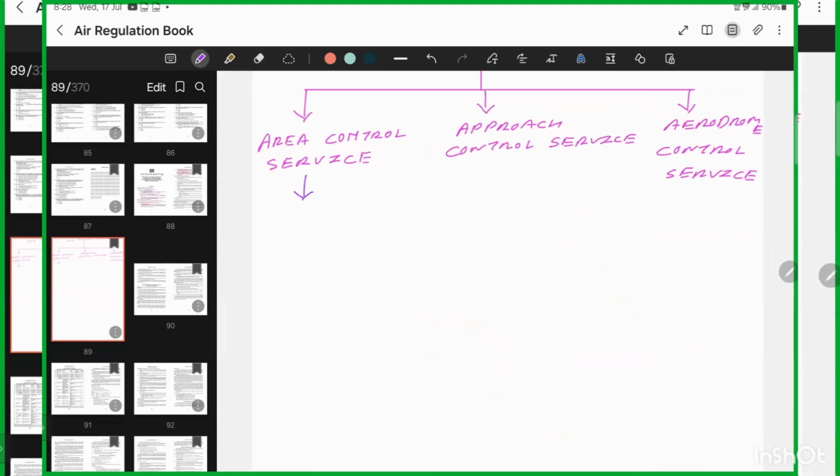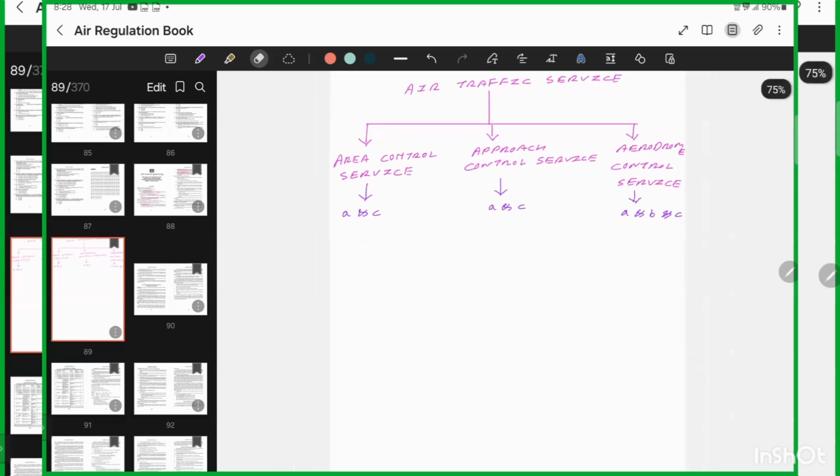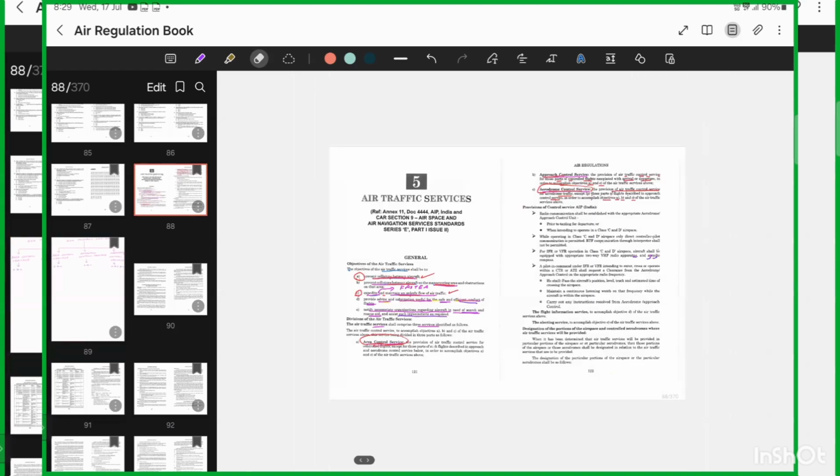So for area control the objectives are A and C. Here also A and C. Here it is A, B, and C. I'm not making you write again, just for ease of convenience, since you know which objective is which. Here the extra one is the maneuvering area. Clear? Anybody having a doubt? Very, very important topic. Shall I move forward?